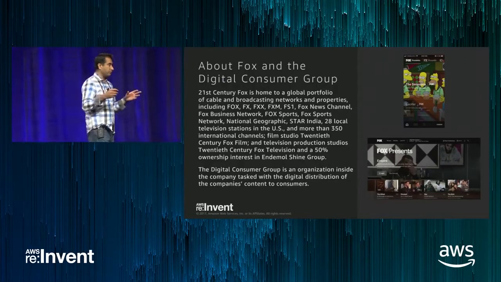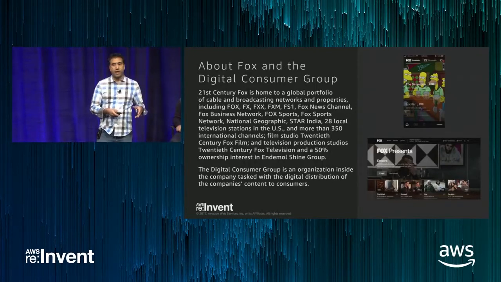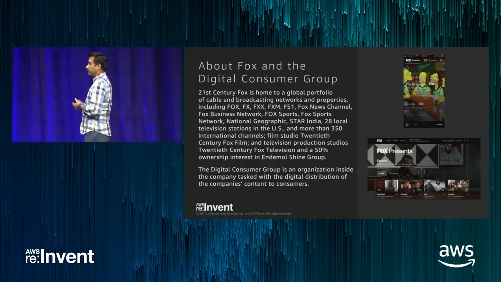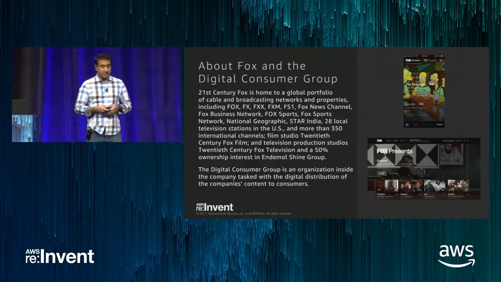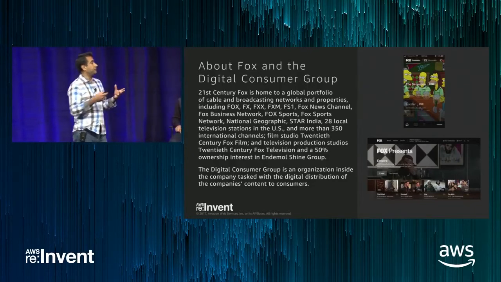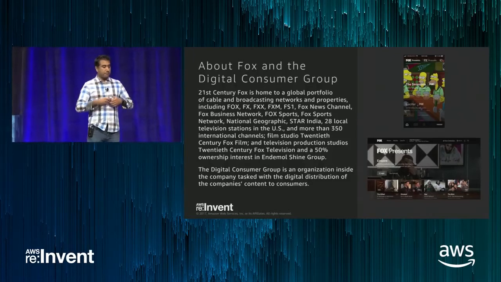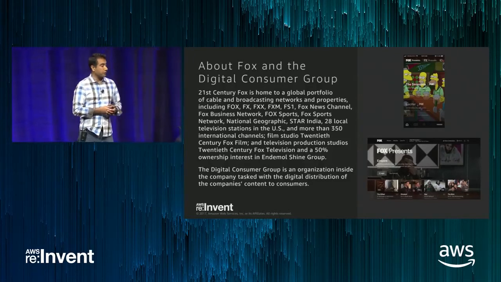And then the specific organization inside of Fox that I represent is the Digital Consumer Group, DCG. We're an organization that's really just tasked with the digital delivery of our content to consumers.